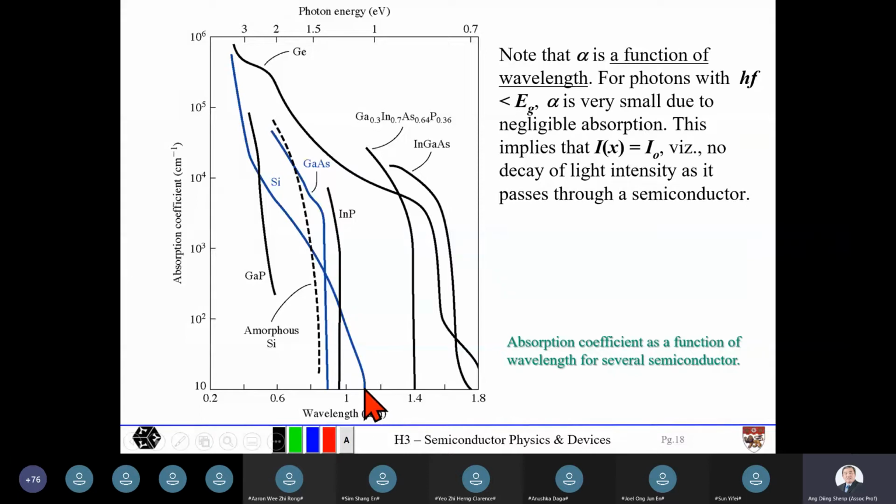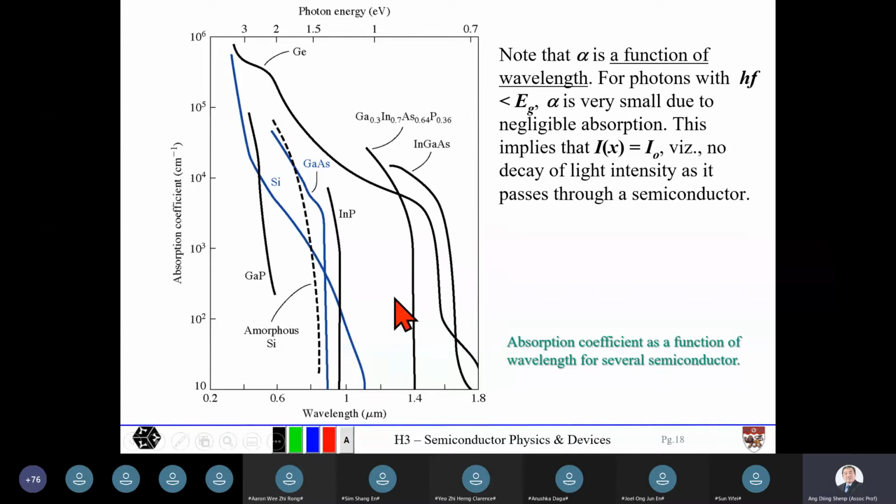Now, alpha starts to increase when the wavelength goes below about 1.1 micrometer. That is because at this particular wavelength, the photon energy just becomes equal to the band gap of silicon. And when you reduce the wavelength further, the photon energy increases further, and that would enhance the light absorption inside silicon.